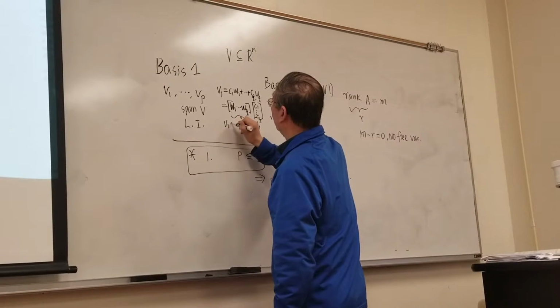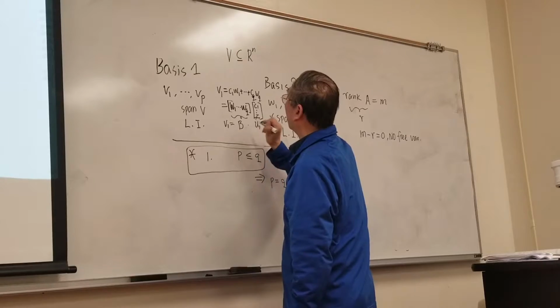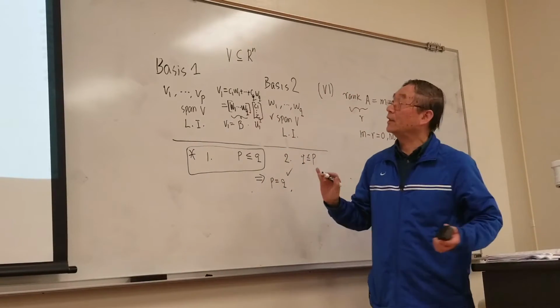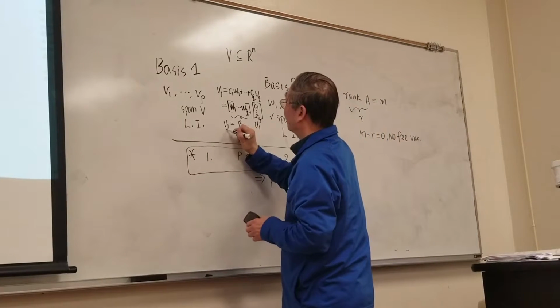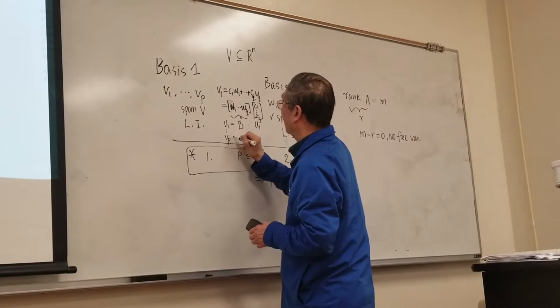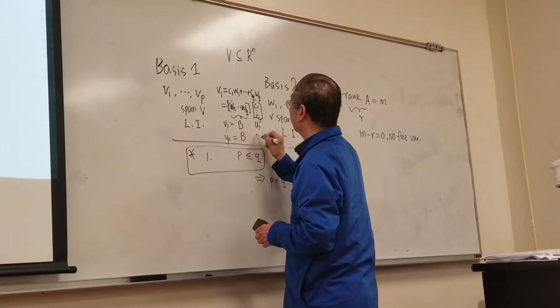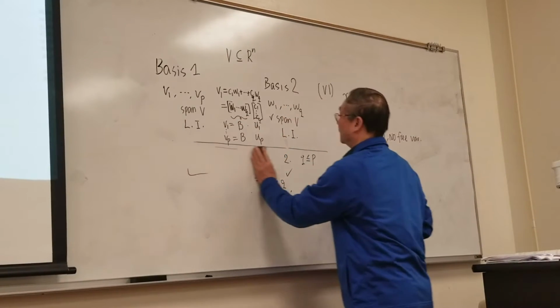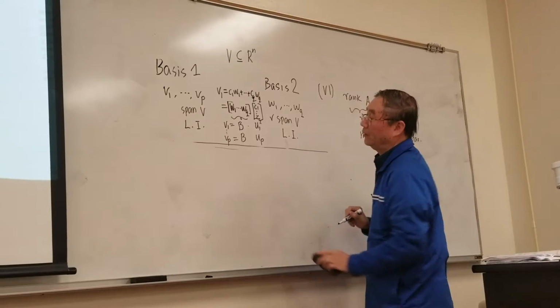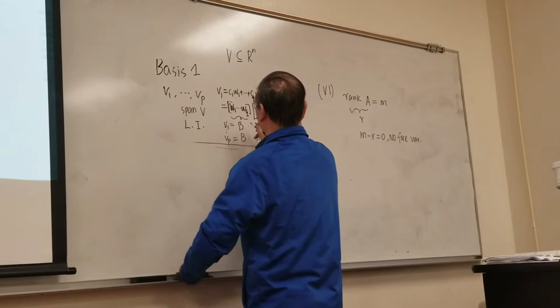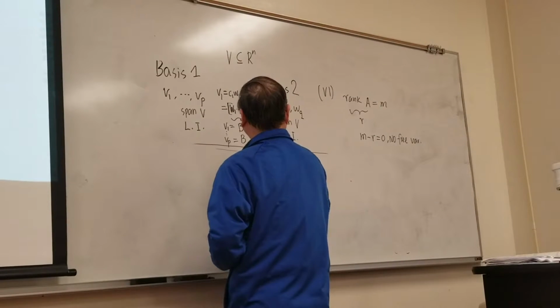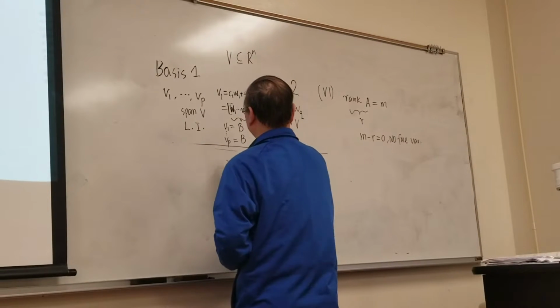So V1 is B times u1. Then one thing we can do is do this for all of them: Vp is B times up. So the matrix with columns V1 through Vp is B times the matrix with columns u1 through up.